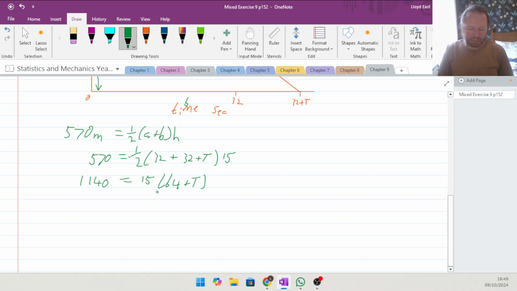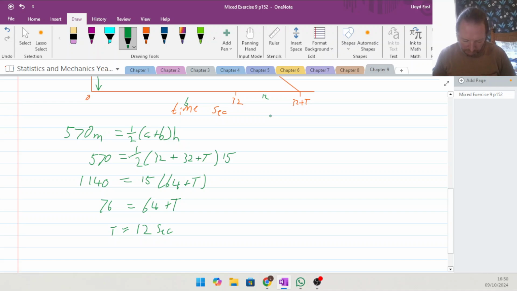Let's divide the 1,140 by the 15. 76. 76 is equal to 64 plus t, minus the 64, leaving t to be 12 seconds. So that's 12 seconds up there.